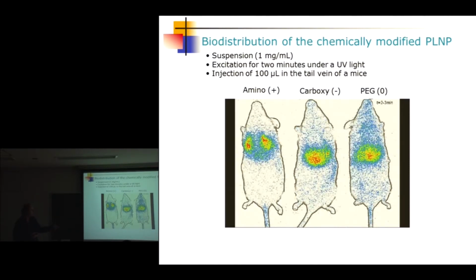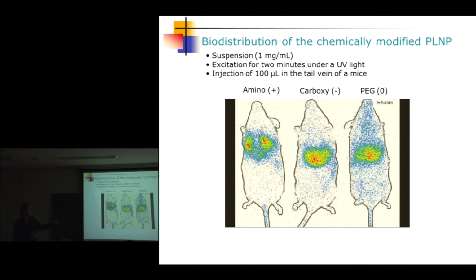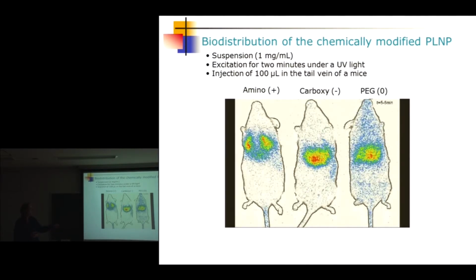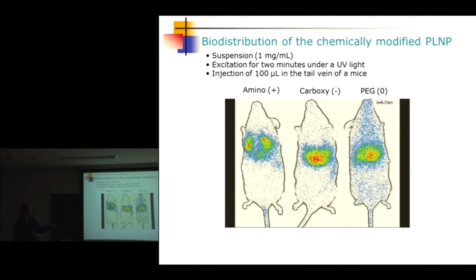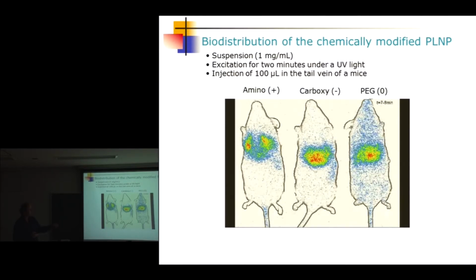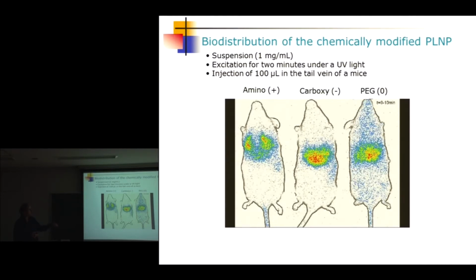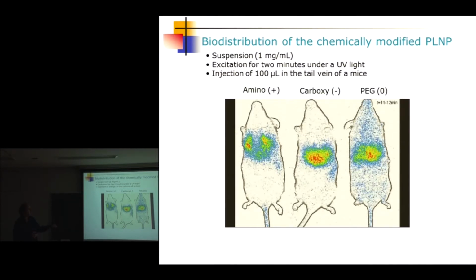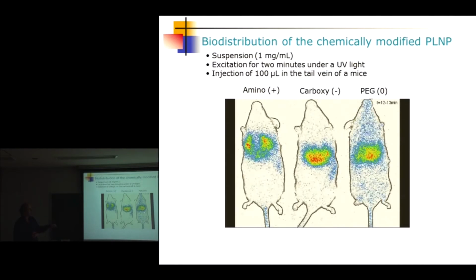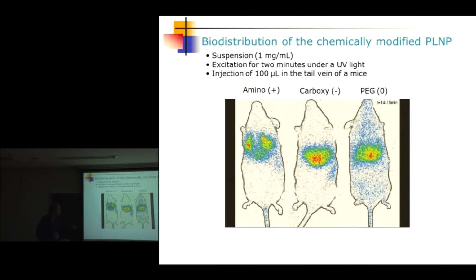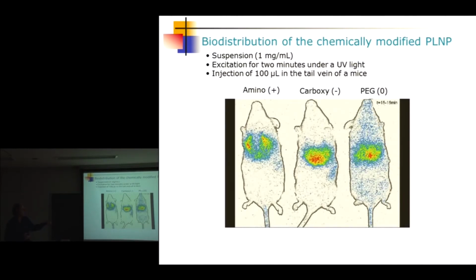Within a few minutes, in the case of positive and negative charge, the nanoparticles are directly trapped either in the lung or in the stomach here. If you put neutral nanoparticles, you can have circulation of the nanoparticles for several minutes, and it will stop at around 30 minutes, I guess.